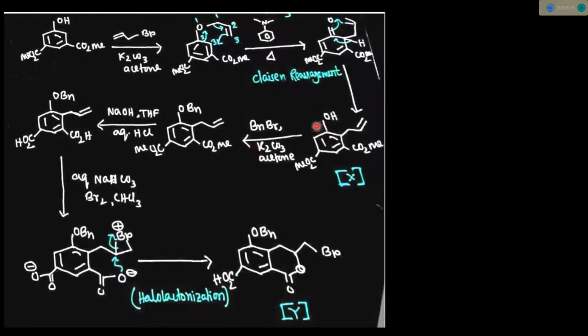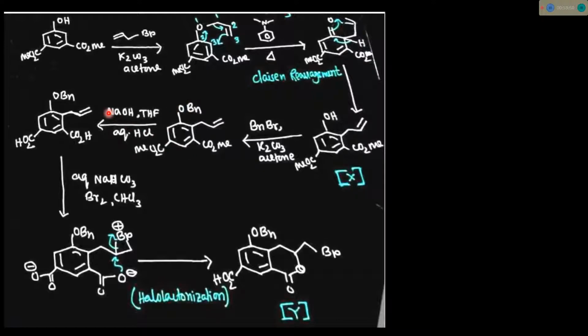Now if we treat with benzyl bromide, Ph is CH2Br. Benzyl bromide means Ph is CH2Br. So K2CO3 will again deprotonate the OH. So O minus will attack that PhCH2Br, the CH2 position. So we will get OBn, and we will get this product.